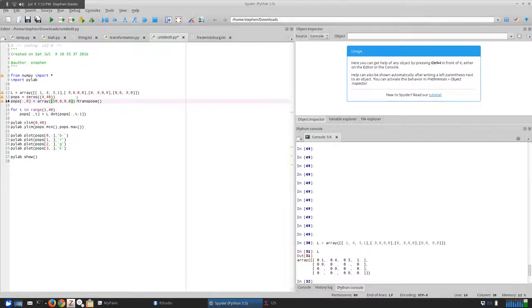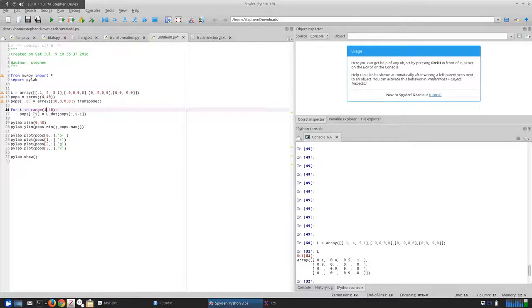So again, we'll start with 10 babies. Remember this syntax here: colon, comma, 0 means set all the rows of column 0 to be equal to this 10, 0, 0, 0 thing. And then the main loop, here's how this works. I'm going to let i go from 1 all the way to 39.